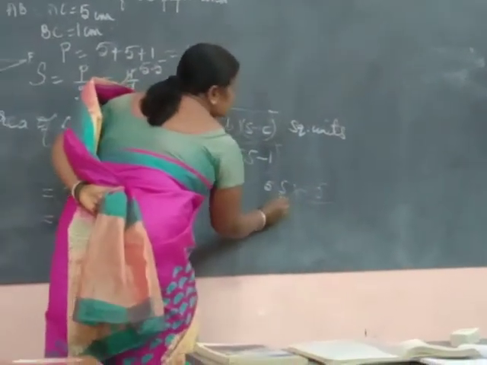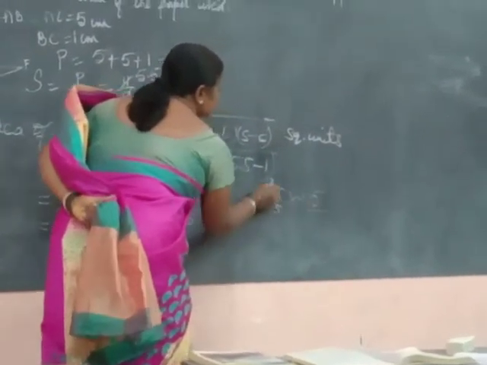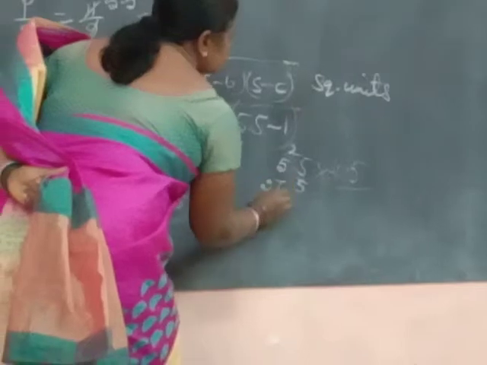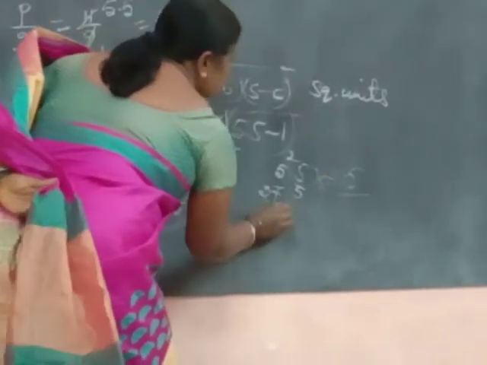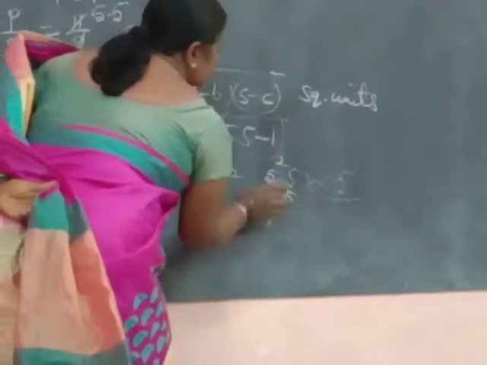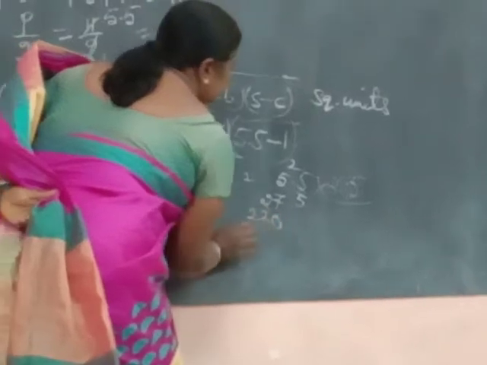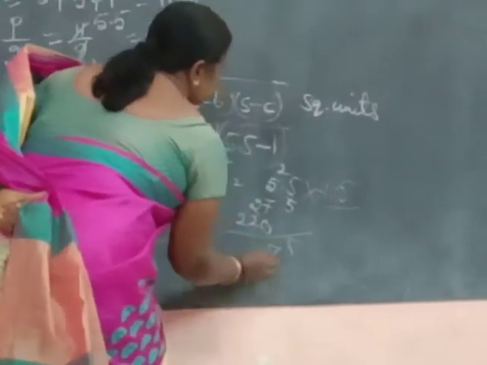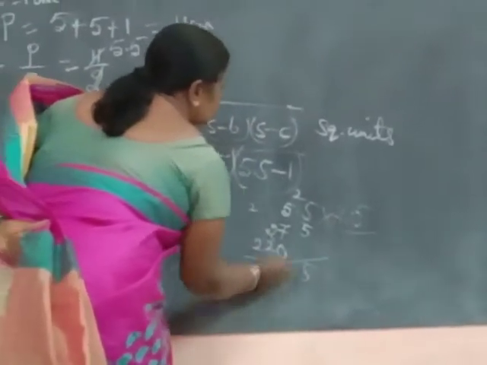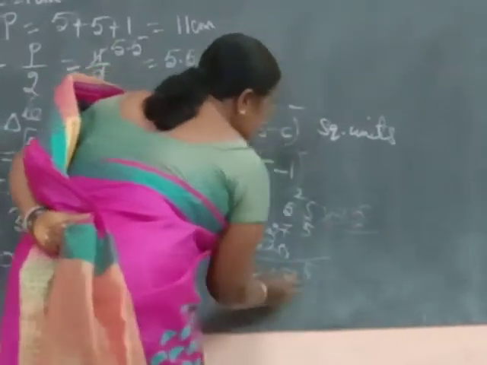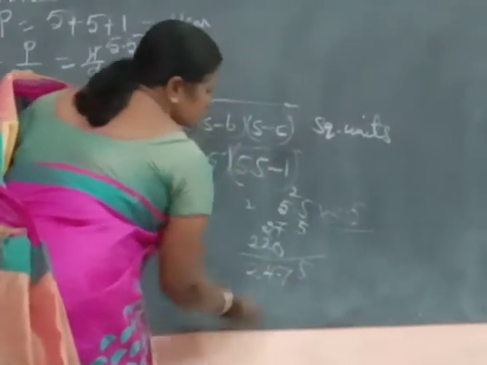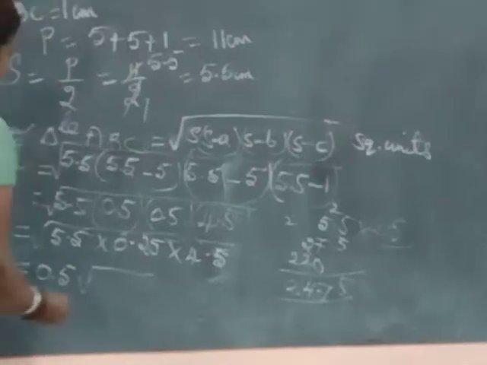5 fives are 25, 2 carried to 27, then 4 fives are 22, so 5, 7, 4, 2. After the decimal point 1 digit, here 1 digit, totally 2. So 24.75.